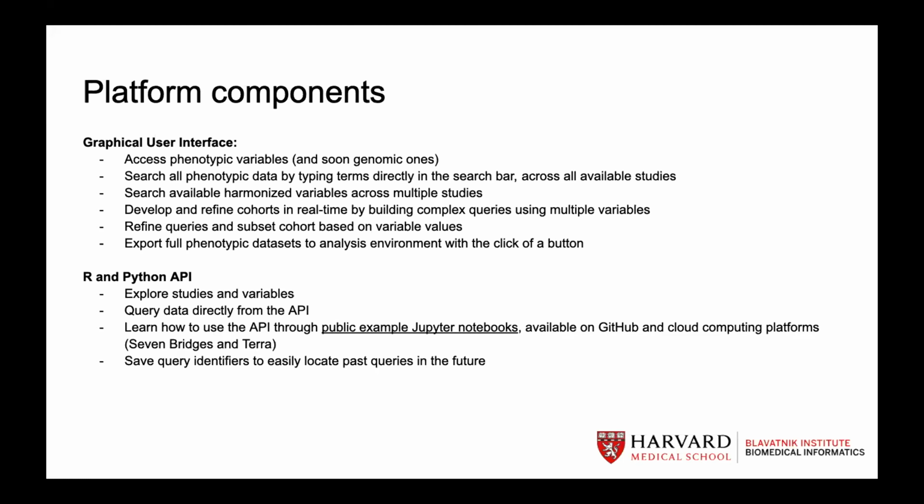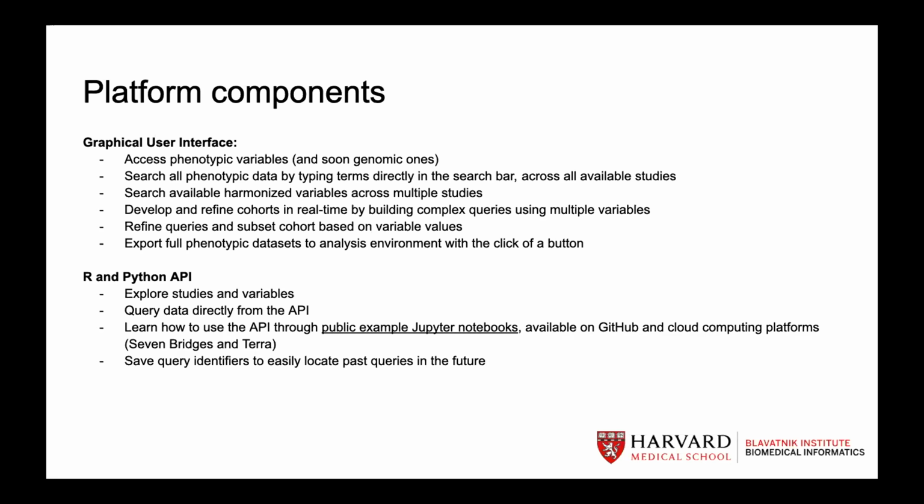investigators to refine cohorts, and through a mechanism of subsetting, they can download only the patients that they are interested in, the patients that match the criteria they are interested in, and only the study variables they are interested in.